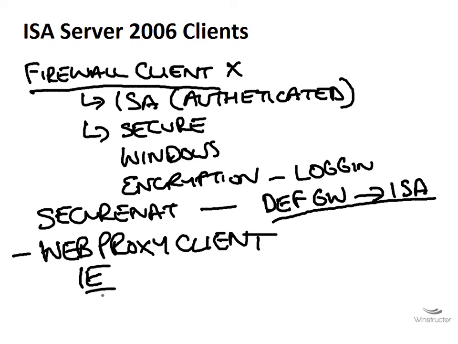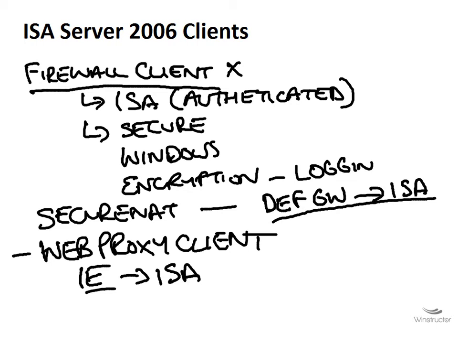So, like with the default gateway configuration for our secure NAT client, for the web proxy client, all you need to do is to configure Internet Explorer to use a proxy server. And if you don't know how to do that, don't worry, we're going to show you how to do it later on.